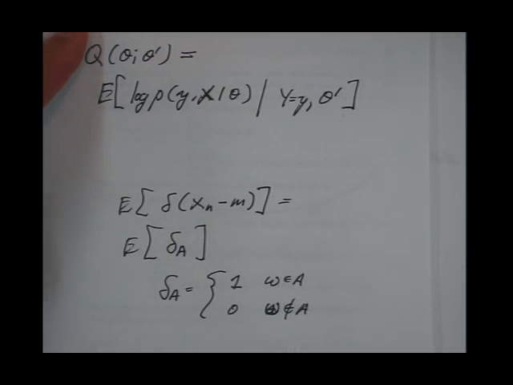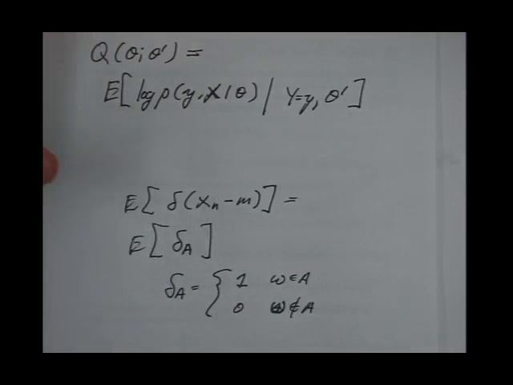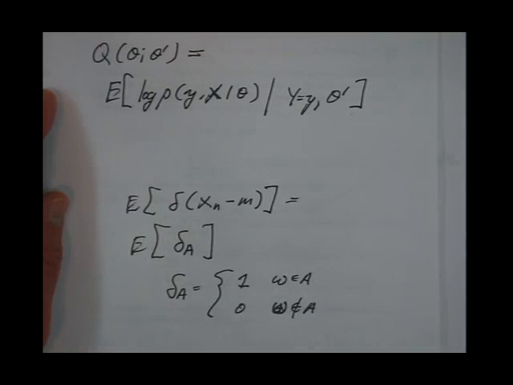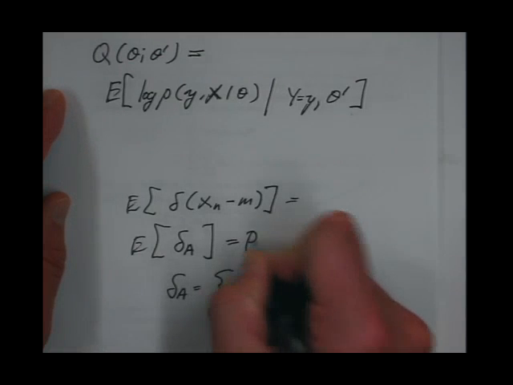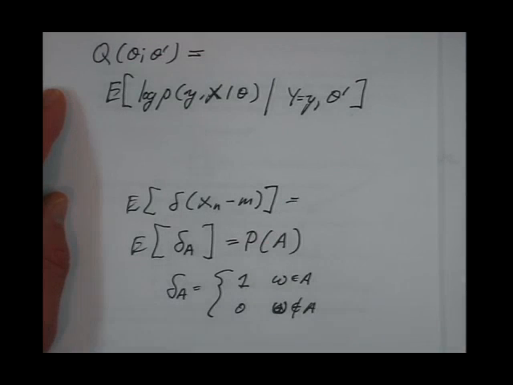So let's make it a little more concrete. Delta A is equal to 1 when A is the event that flipping the coin comes up heads, and it's equal to 0 if the coin doesn't come up heads. Then what's the expected value of delta? It's going to be equal to the probability of the event A, right?